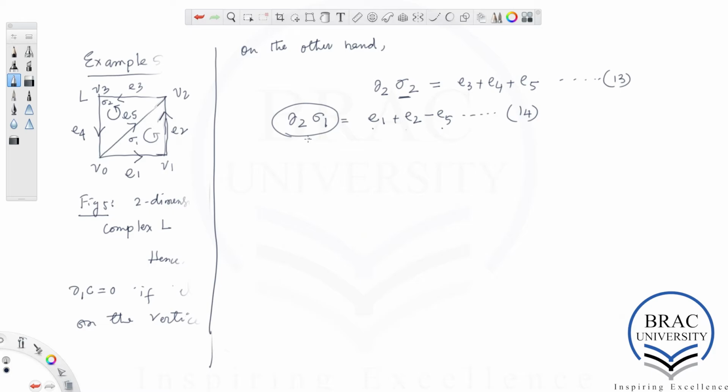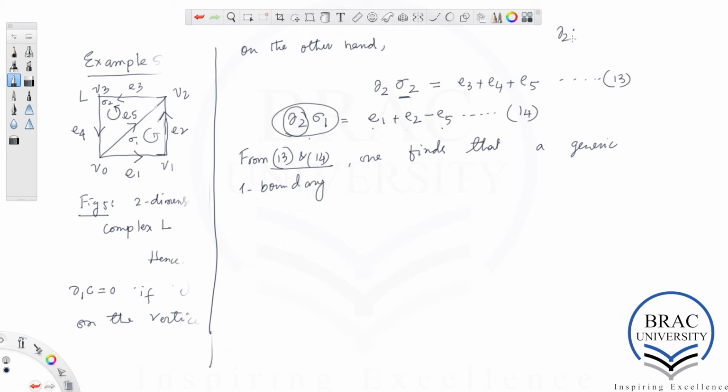So from 13 and 14, one finds that a generic one boundary. The image of this boundary operator del 2, right?